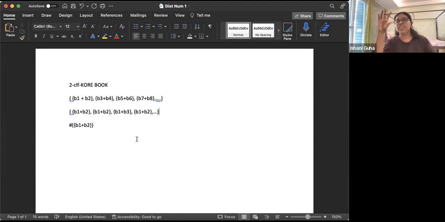The exact numeral doesn't matter. What the distributive numeral says is that, if the numeral is n, there must be possibly different sets of n number of books.